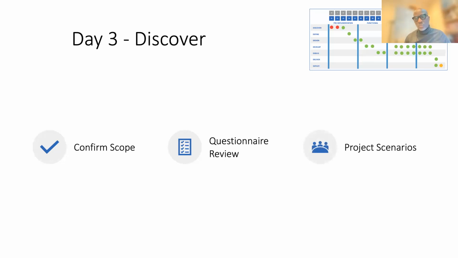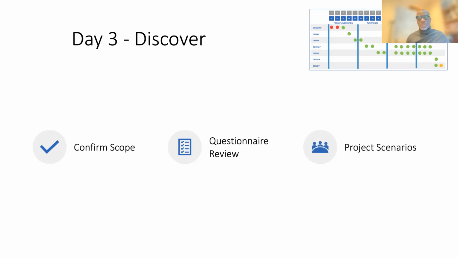When we look at project scenarios, we're basically looking at what you will actually do when you perform what is called a discovery workshop. So at each stage, you're conducting a workshop with the business, taking them through the questionnaire.